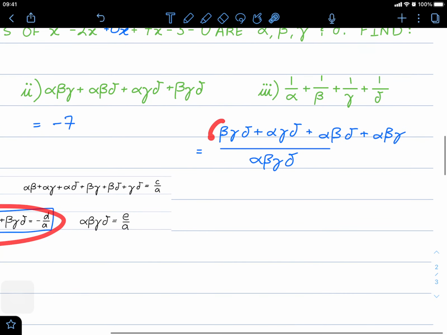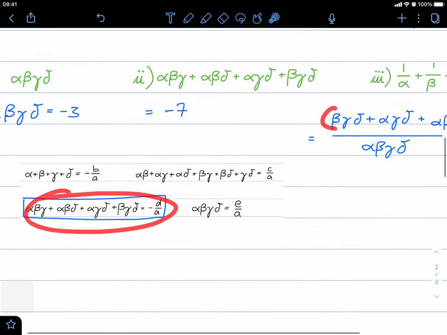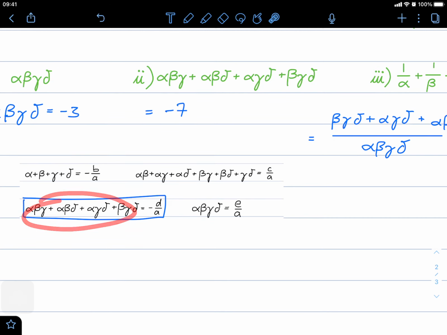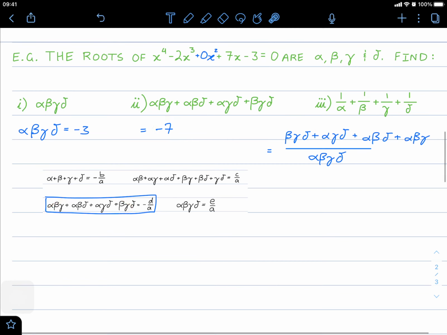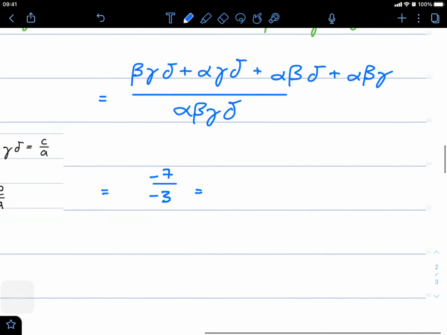So the top is the sum of the triples, which we already know. And the denominator is the multiplication of all four. So substitute those. The numerator becomes -7. The denominator becomes -3. And this is simply just, let's go vertically, 7 on 3.